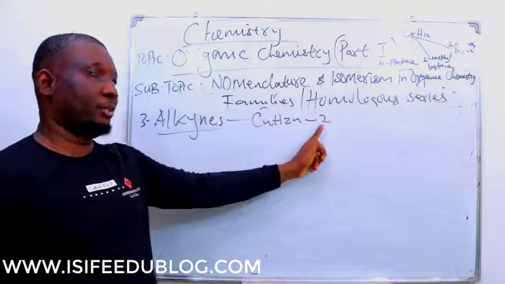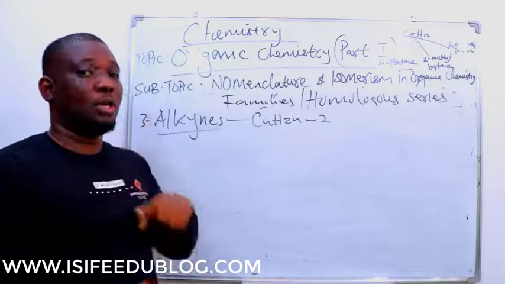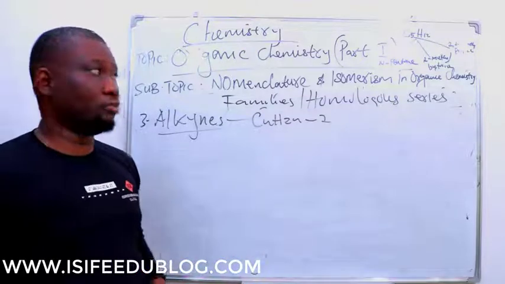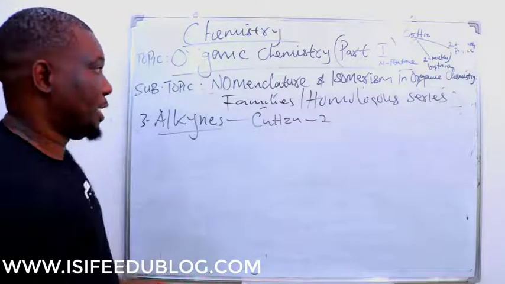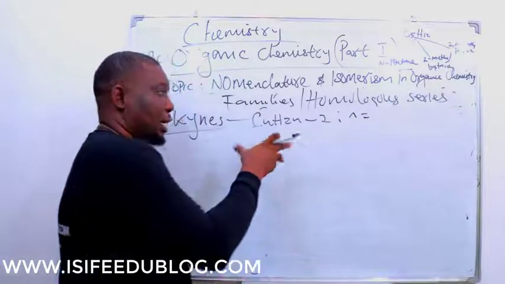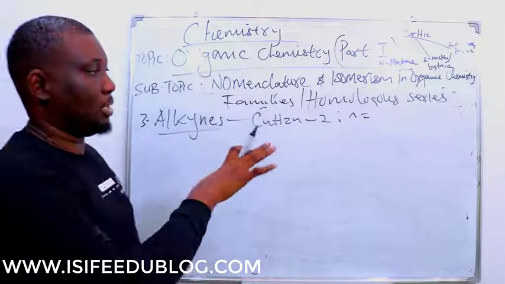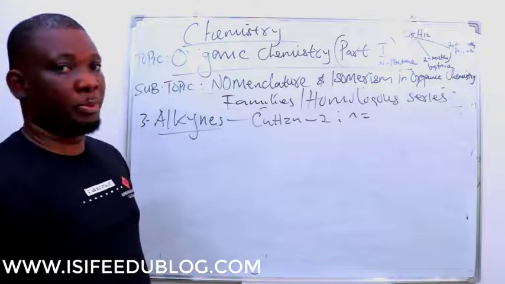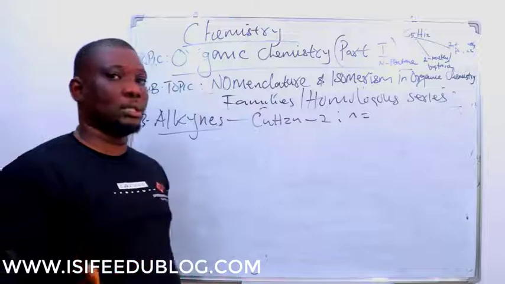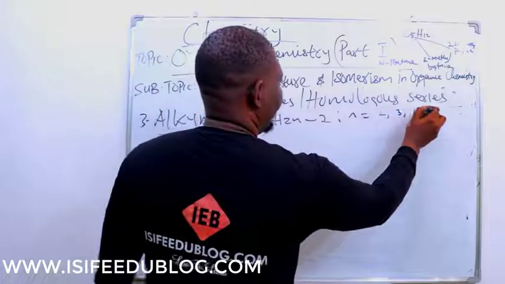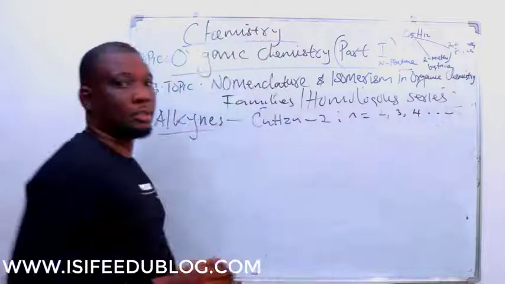So that's why we have a minus 2 here, as against plus 2 and plus 0. The value of n here also, just like alkene, because these hydrocarbons have multiple bonds, does not start from 1 but begins from 2, 3, 4 and so on.